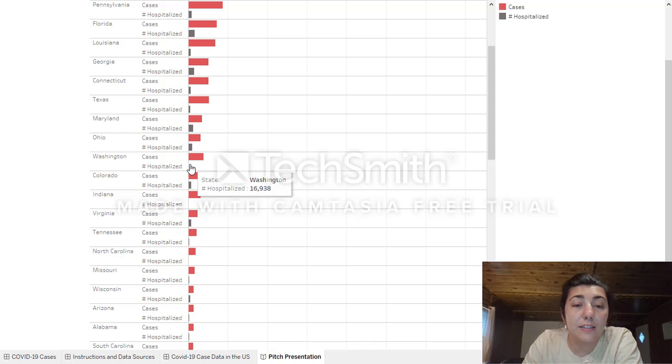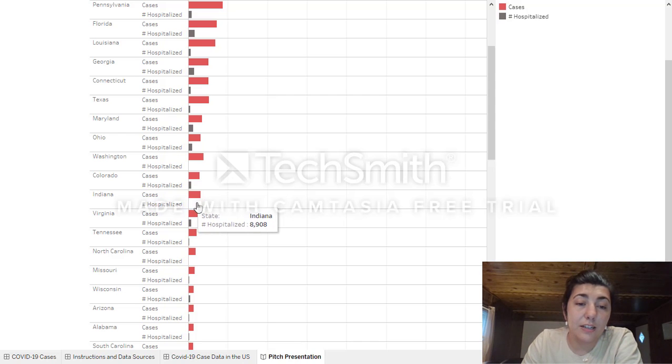Washington had 16,000, almost 17,000 had to be hospitalized, and their cases were 389,000. And then Colorado has fewer cases, 288,000, but more had to be hospitalized, 75,000.